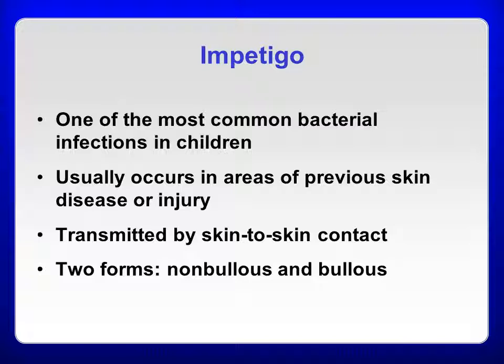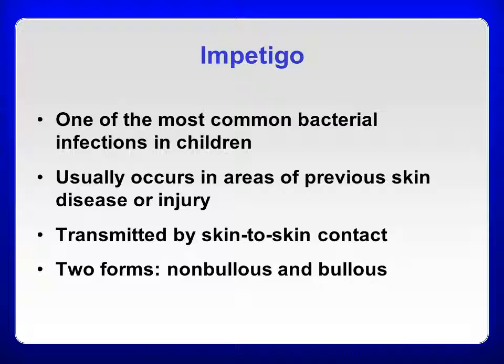There are basically two forms of impetigo: the non-bullous and the bullous presentation. The non-bullous impetigo presents with the more classic honey-colored crust lesion, which is a very common way to see impetigo presented.